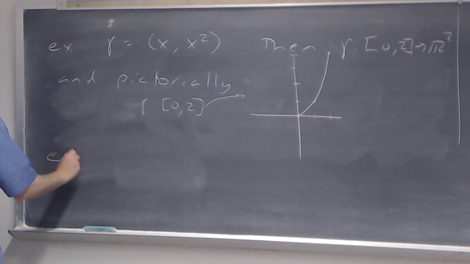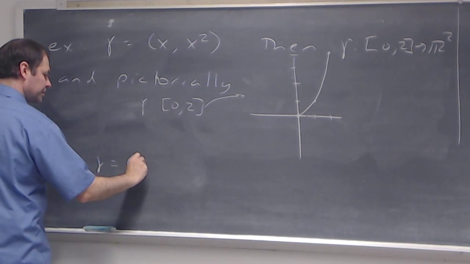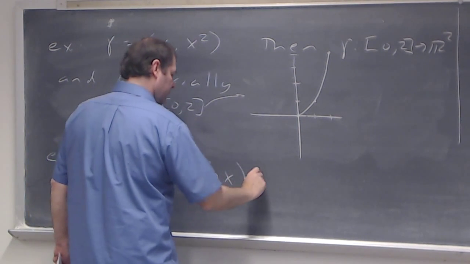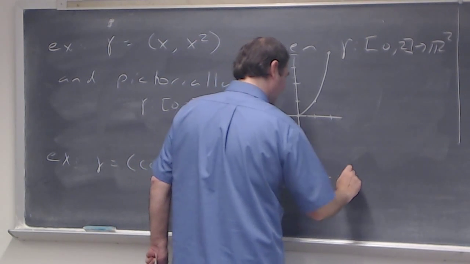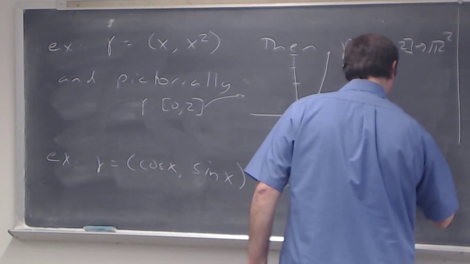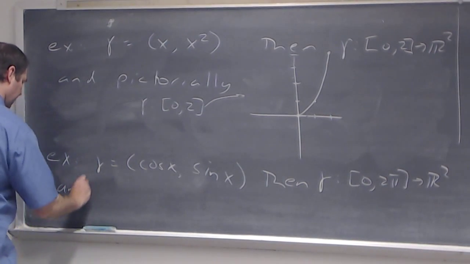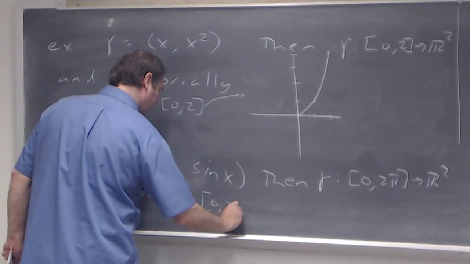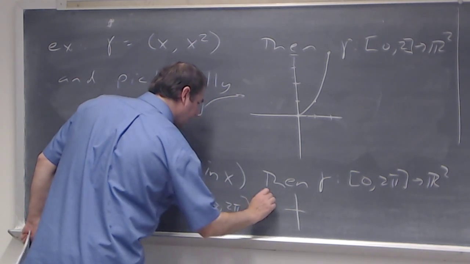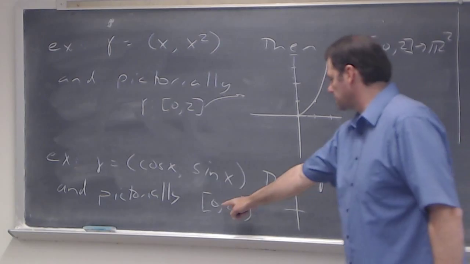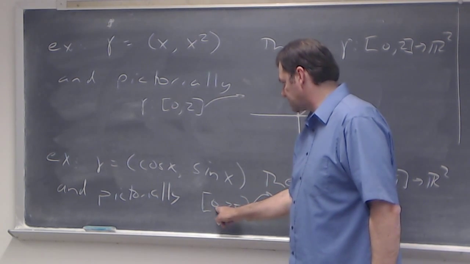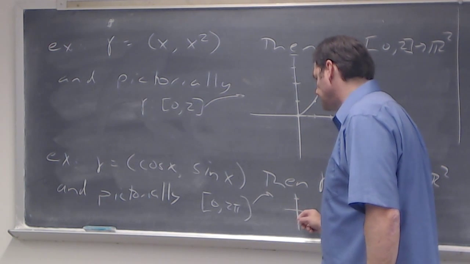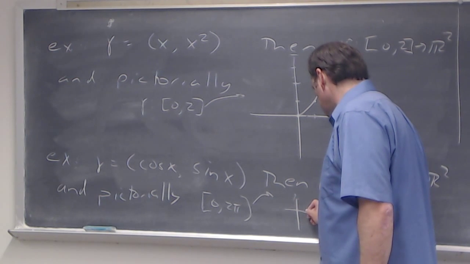Another example is if we let gamma be equal to, let's say, cosine of x and sine of x, then, again, gamma will map, let's say, 0 to 2 pi into R2. And pictorially, here's what it looks like. What gamma is doing is it's taking 0 to 2 pi and yielding this type of picture. When x is 0, cosine is 1 and sine of 0 is 0, so we get the point 1, 0.